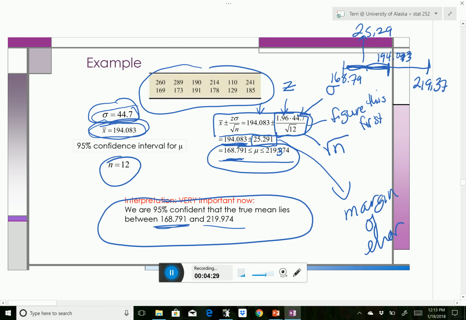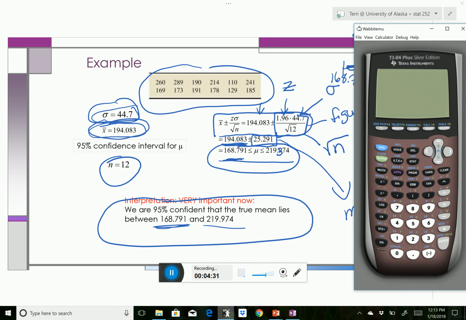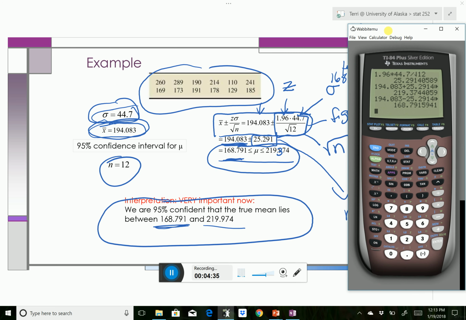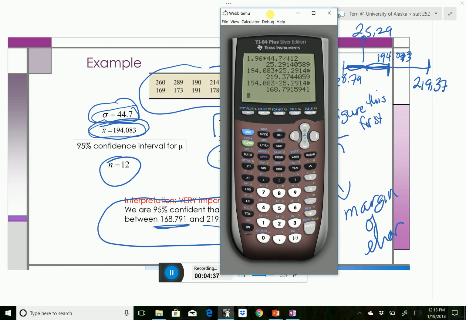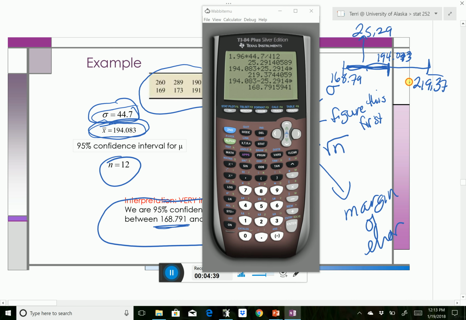I could actually go on my calculator, and since I was given this confidence interval, I could go 219.37 minus 168.79, hit enter.